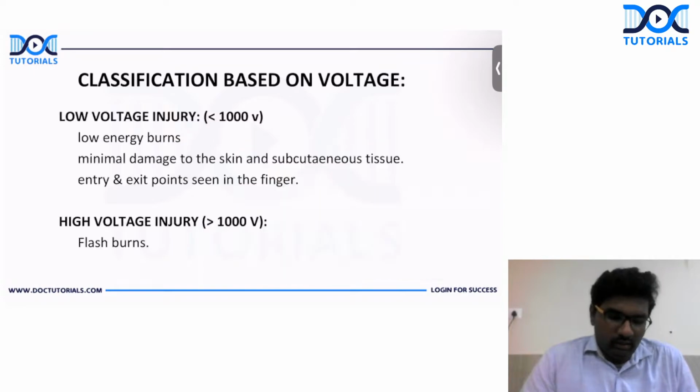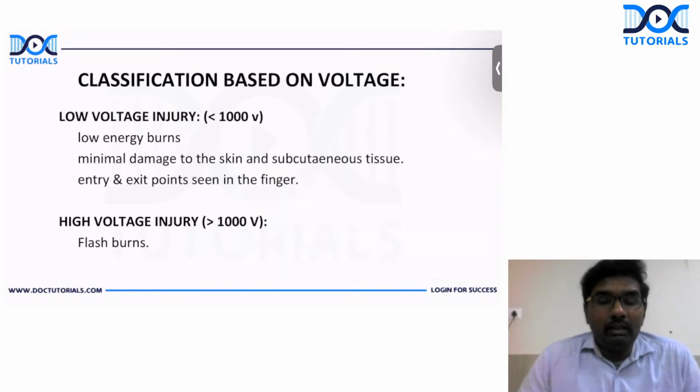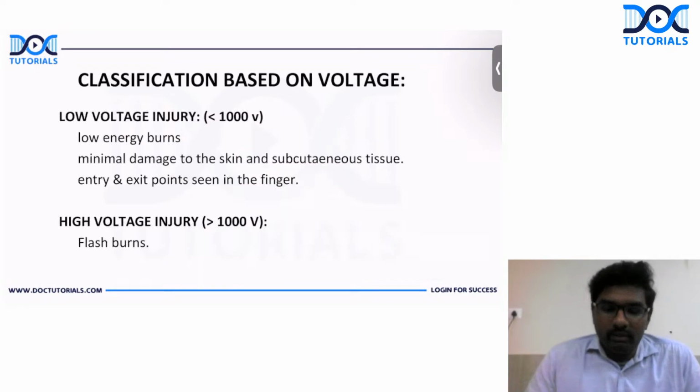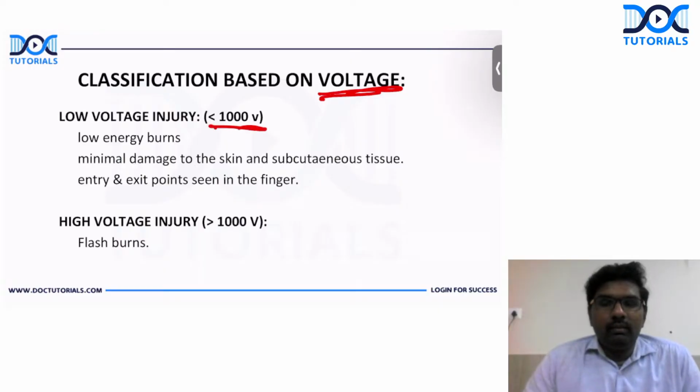ground. So these electrical burns can be further classified based on the voltage, either a low voltage injury or a high voltage injury. Any electrical burn caused by less than 1000 volts is considered a low voltage injury.